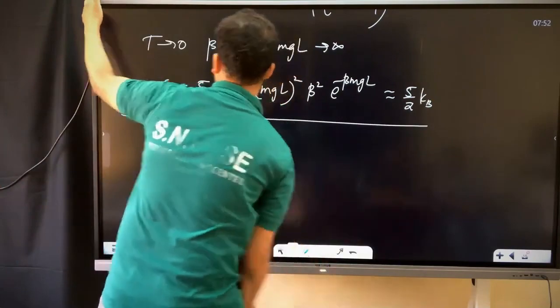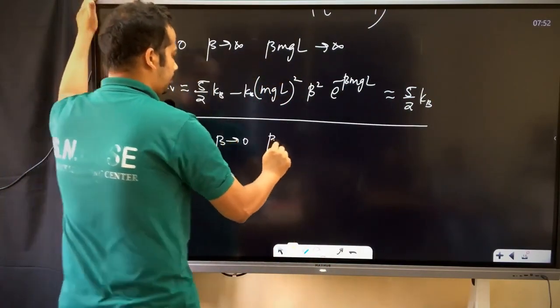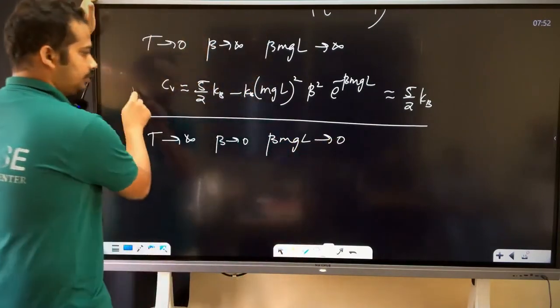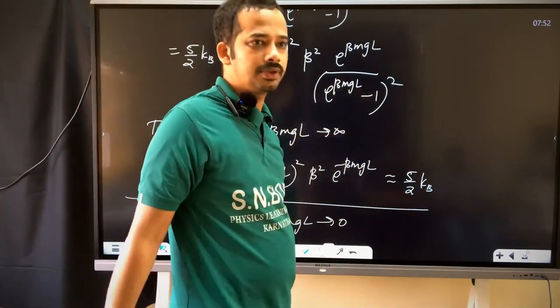For T tends to infinity, beta tends to 0, or beta mgL tends to 0. So then what you do, you take the first two terms in this expansion.